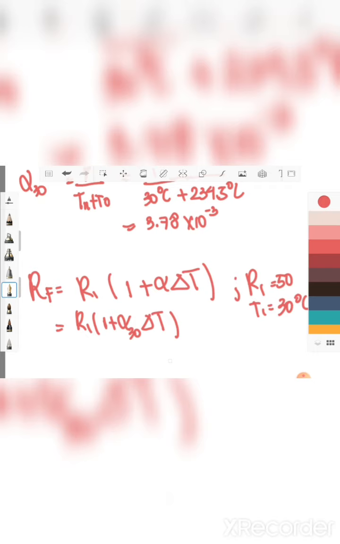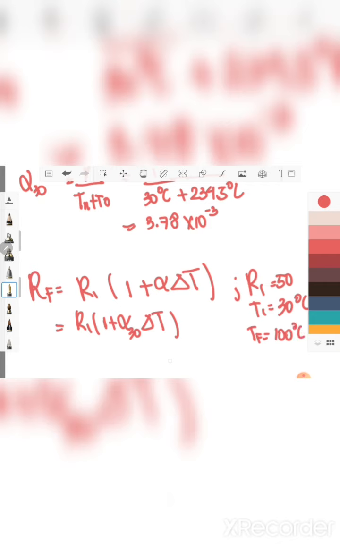But since we are given R1, which is 50 ohms at 30 degrees Celsius, the alpha that would be used must be the same as the temperature coefficient, because it varies with the temperature. We have our TF is equal to 100 degrees Celsius.